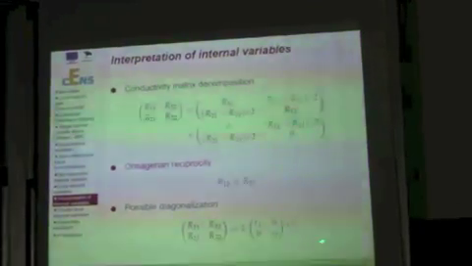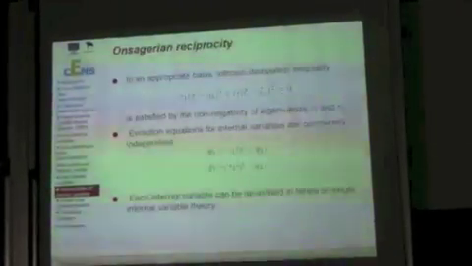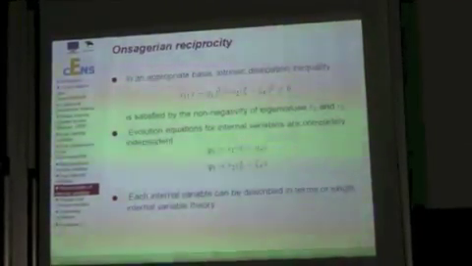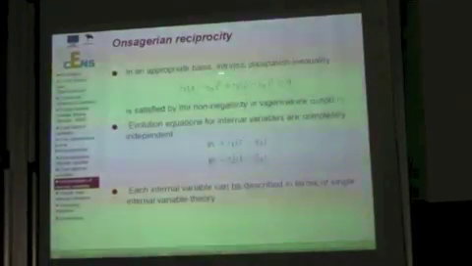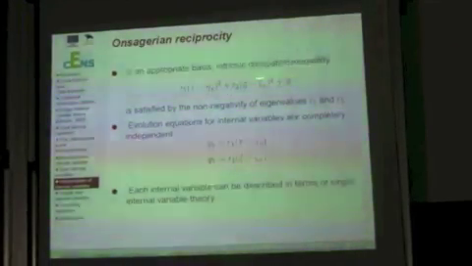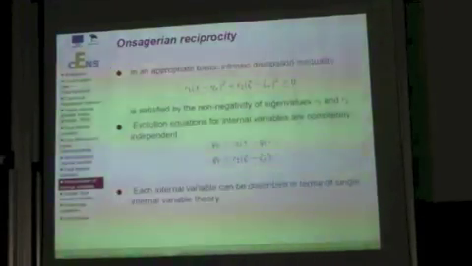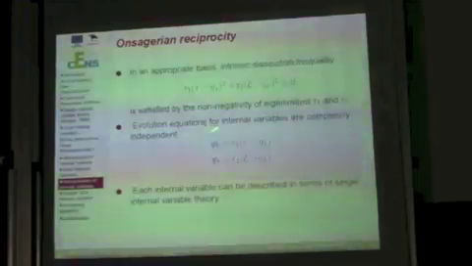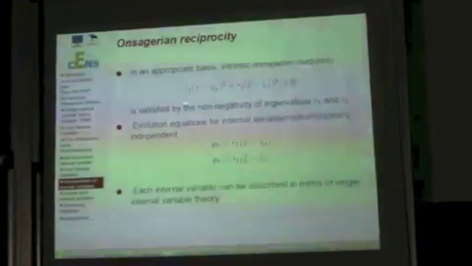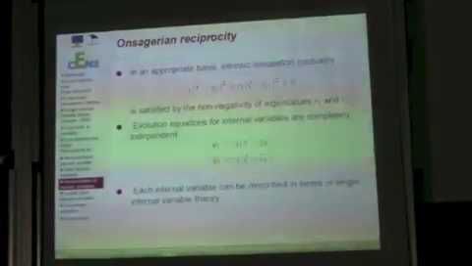we may diagonalize this because it is 0, and in some appropriate basis, we can write the intrinsic dissipation inequality in this quadratic form, and it is satisfied by non-negativity of the eigenvalues R1 and R2.